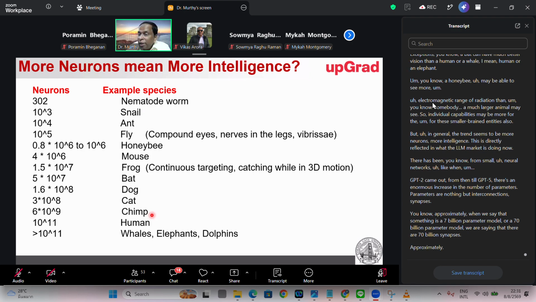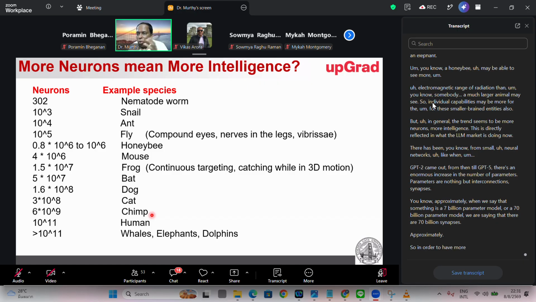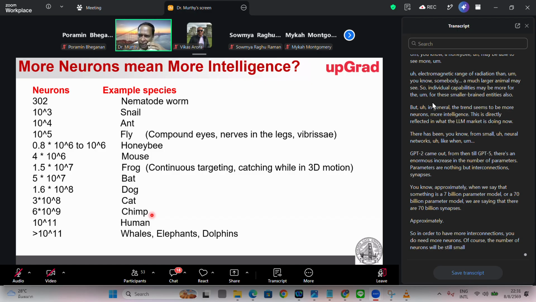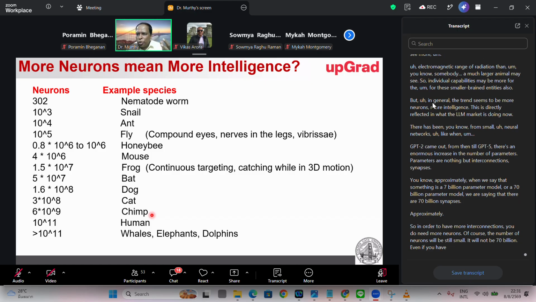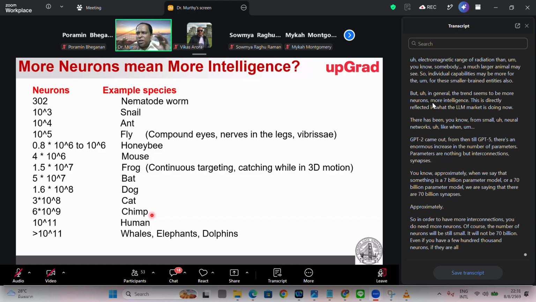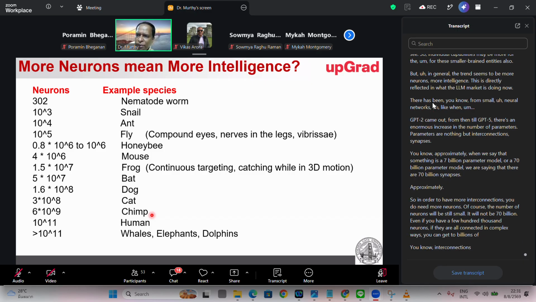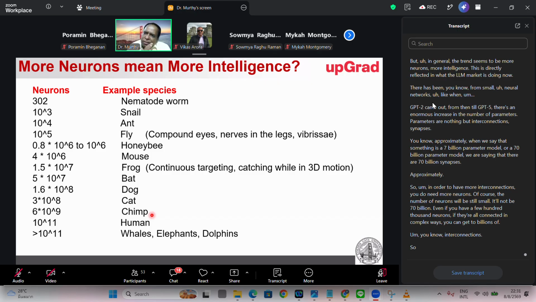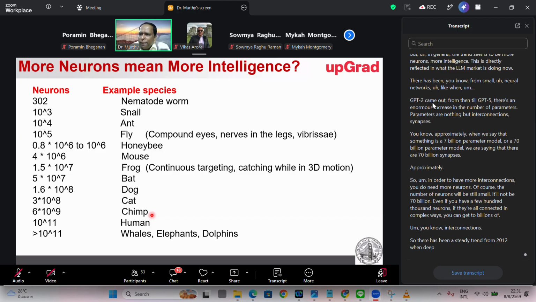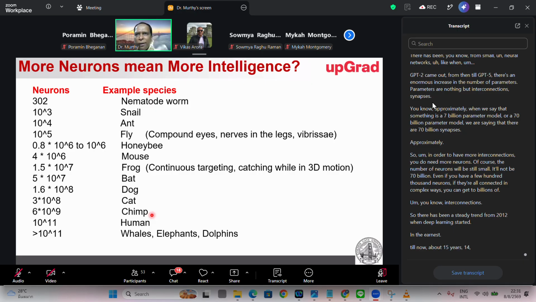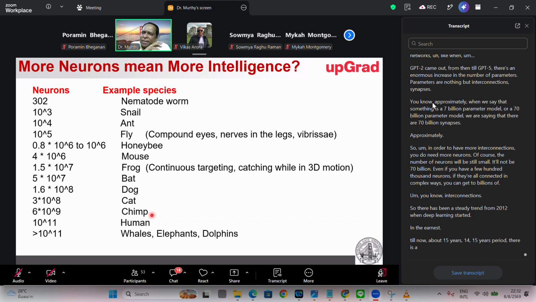So in order to have more interconnections, you do need more neurons. Of course, the number of neurons will be still small. It will not be 70 billion. Even if you have a few 100,000 neurons, if they're all connected in complex ways, you can get to billions of interconnections. So there has been a steady trend from 2012, when deep learning started in earnest, till now, about 14, 15 years, there is a clear increase in the number of neurons that we are using.